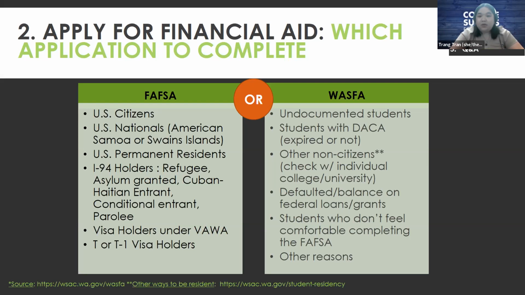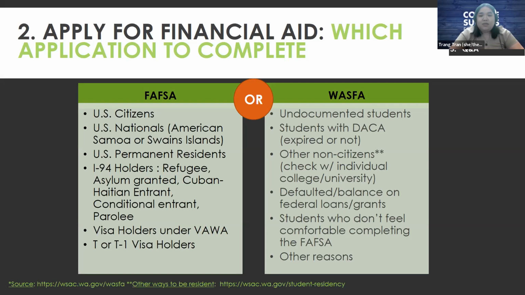the FAFSA. So this is, for example, students who may be transgender. The FAFSA currently does not account for transgender applicants or those whose genders do not align with the sex that they were assigned at birth. And so although we find it problematic, some suggest it's best to complete the FAFSA under their legal name and gender marker that is on file with the Social Security Administration.